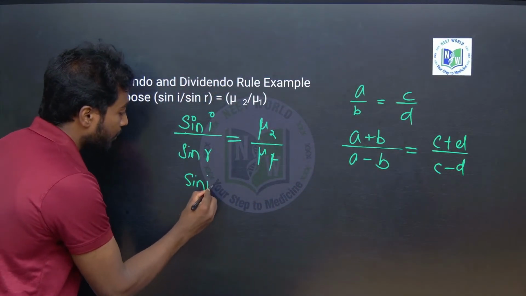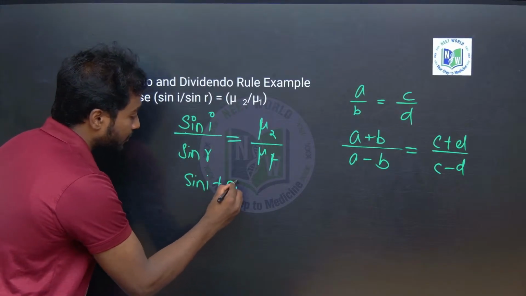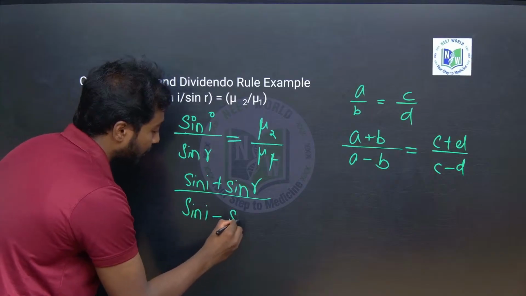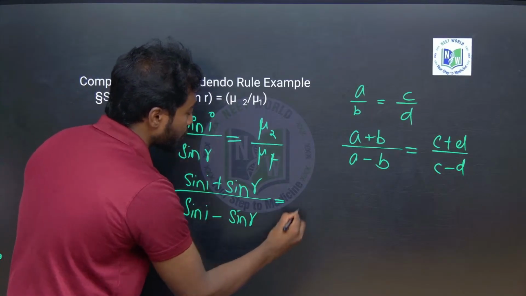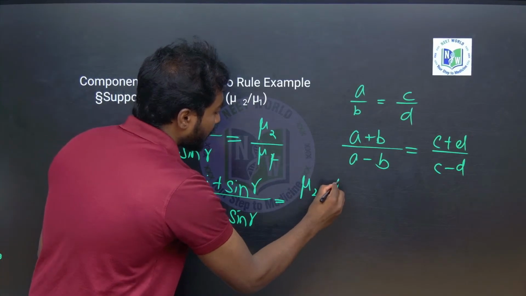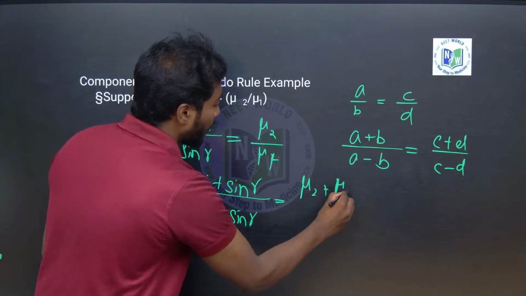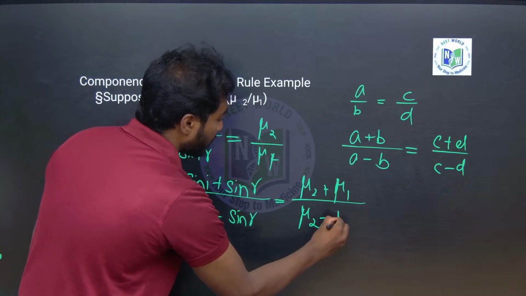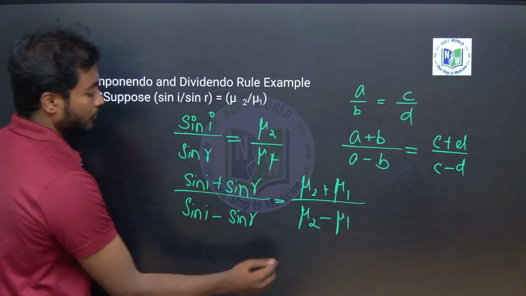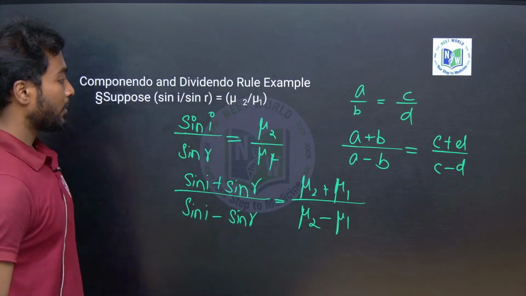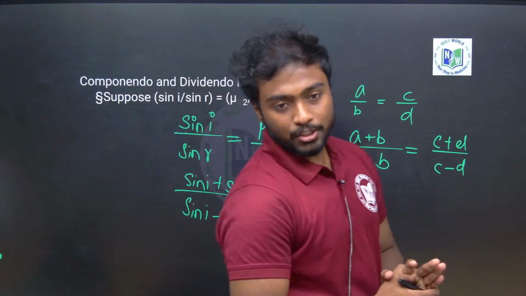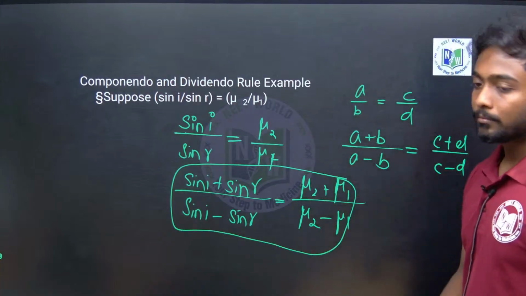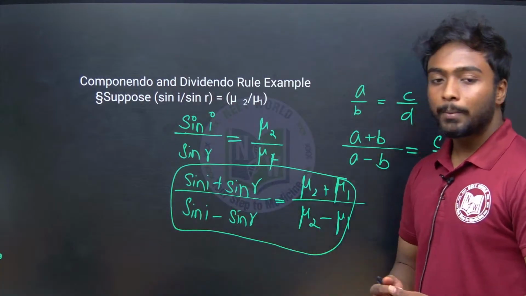Sin i plus sin r by sin i minus sin r is equal to mu 2 plus mu 1 by mu 2 minus mu 1. Yeah, understood. So, this is how we will use the conditions. Mostly these kinds of formulas will be used in optics.